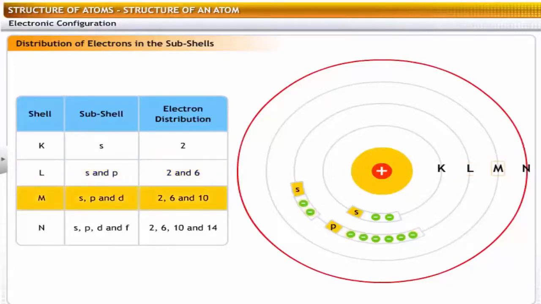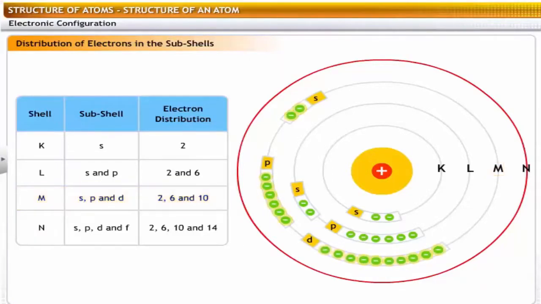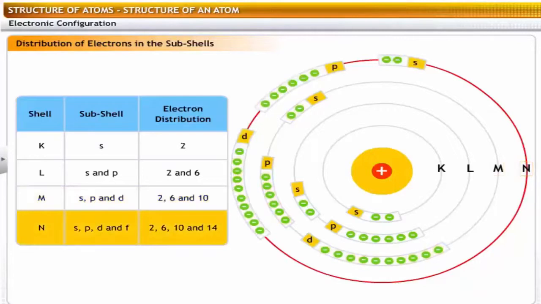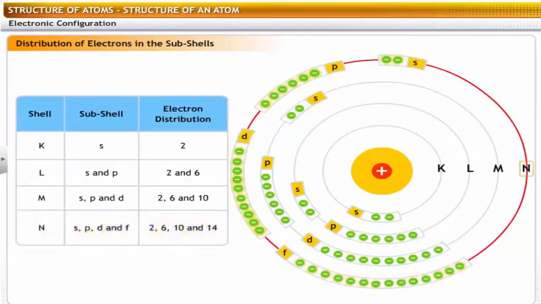M is the third shell and has S, P and D subshells, which accommodate 2, 6 and 10 electrons respectively. Next is the N shell with S, P, D and F subshells accommodating 2, 6, 10 and 14 electrons respectively.